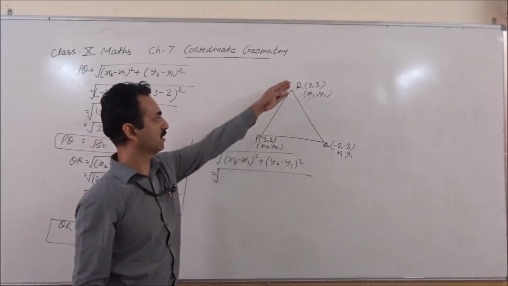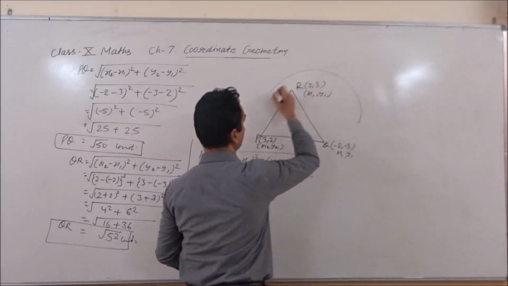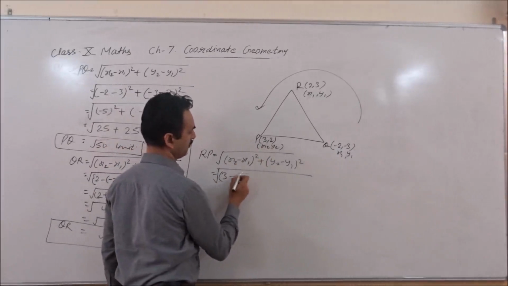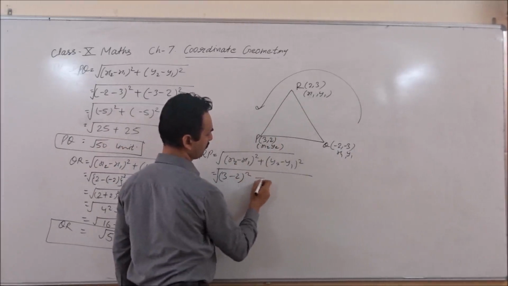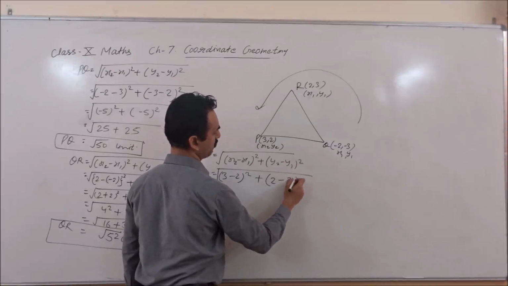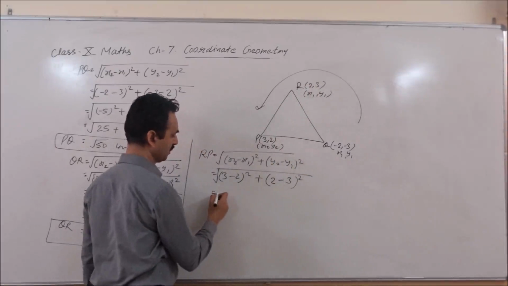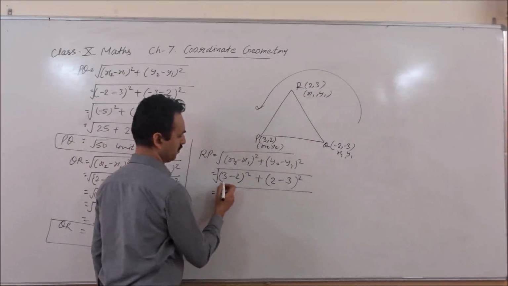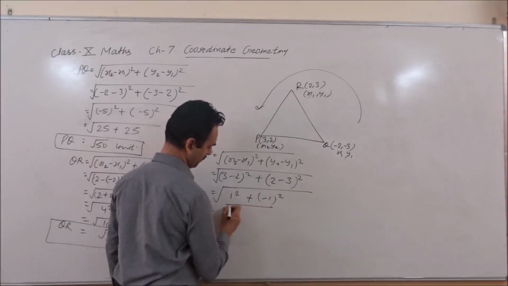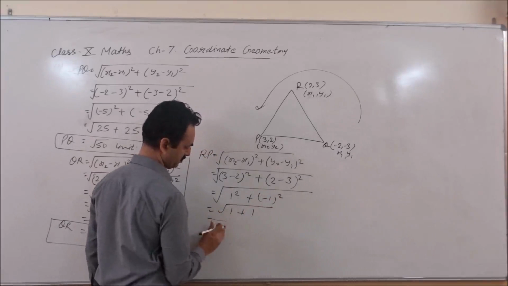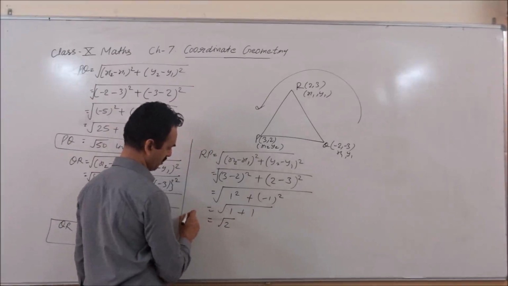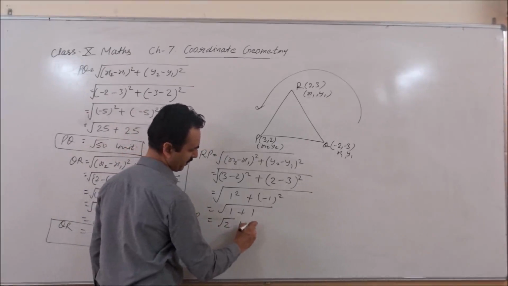So x2 is 3 minus 2 whole square plus y2, 2 minus 3 whole square. y1 is 3. So 3 minus 2 whole square, 2 minus 3 is -1 whole square. This is 1 square 1, 1 square 1, so this is root 2. So RP is root 2 unit.